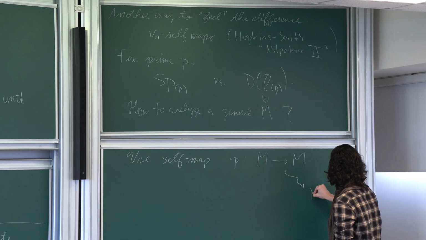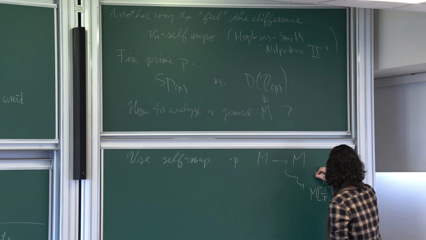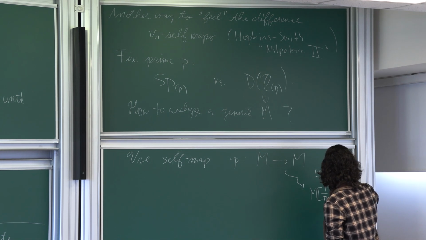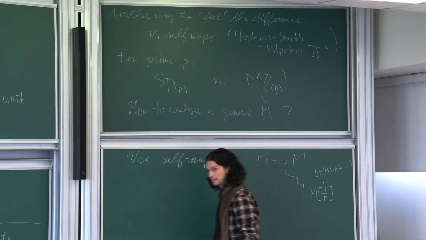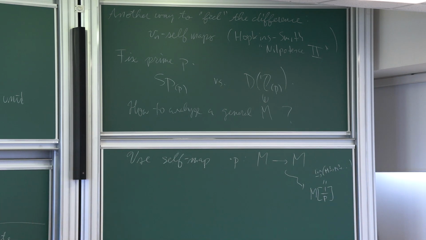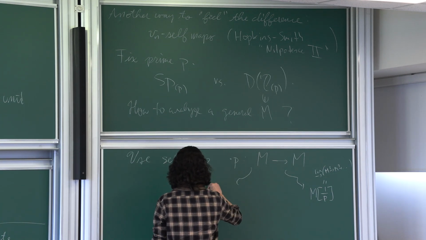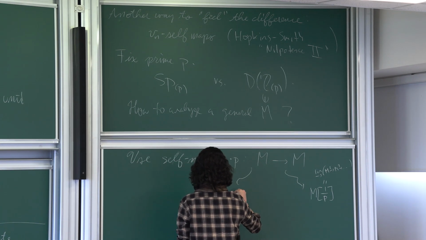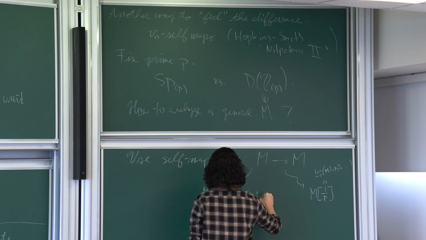One is you can invert it, which is just taking a colimit over iterating multiplication by p. Another thing you can do is mod out by it. So you can do M mod p, which is the cone or the cofiber of this multiplication by p map.